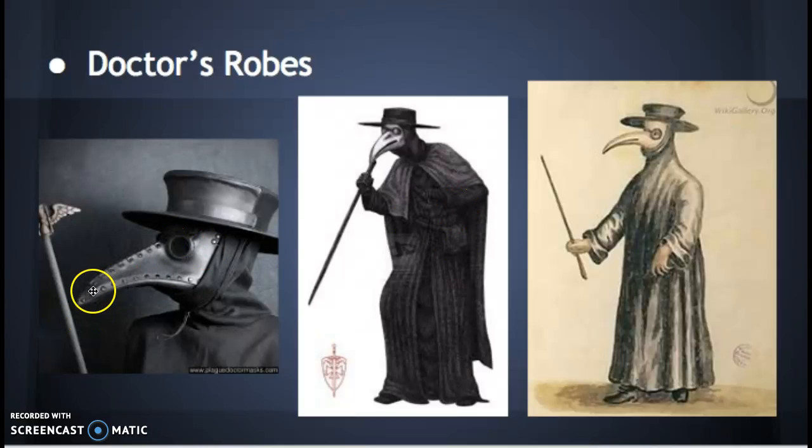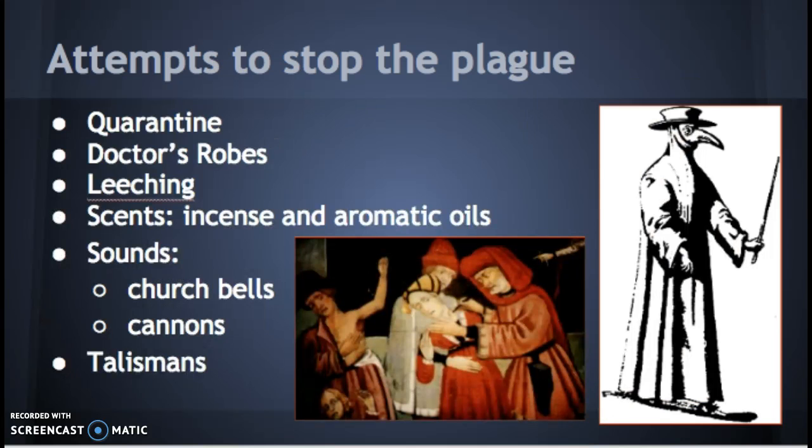They would, in the ends of these beaks, stuff incense and certain herbs and scents, because they believed that one of the things that kept the plague away was certain smells. So they would fill that with those specific scents and herbs. Why they have a cape and a hat, not too sure, maybe it just adds to the cool look of the doctor's robes, but definitely a very iconic, interesting look for this time period.